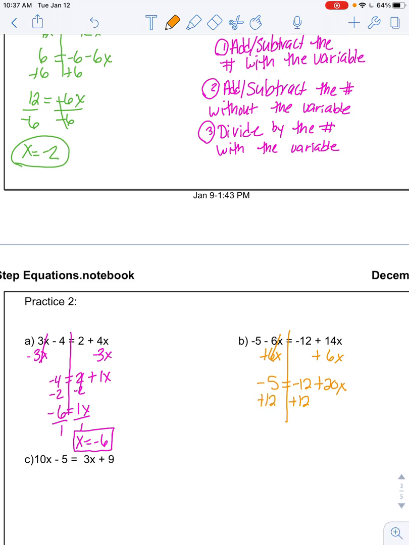So negative 5 plus 12 equals 7. That's all equal to 20x. Definitely ending up with a decimal here. 7 divided by 20. We'll just keep it as a fraction, x equals 7 over 20.